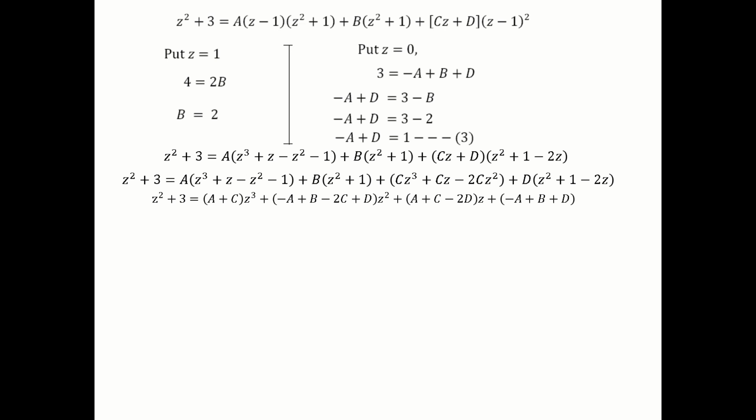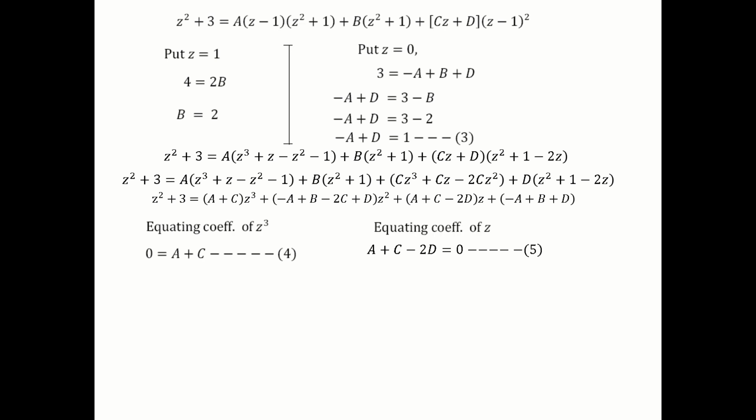So from the fourth equation, A plus C equal to 0, putting A plus C equal to 0 in the fifth, so minus 2D equal to 0, therefore D equal to 0. Next, put D equal to 0 in equation number 3, therefore minus A equal to 1, therefore A equal to minus 1. Now substituting A equal to minus 1 in equation number 4, therefore minus 1 plus C equal to 0, C equal to 1.